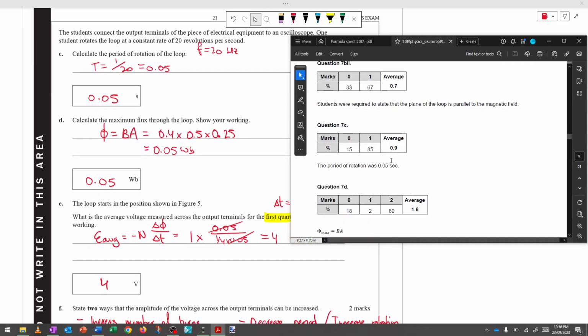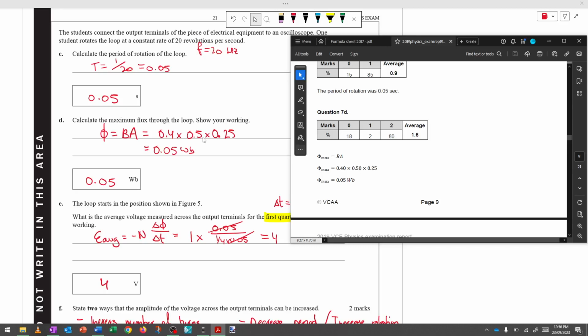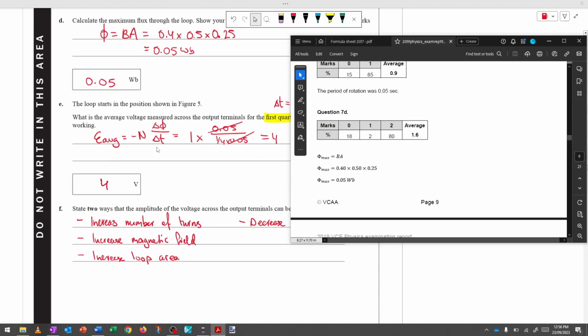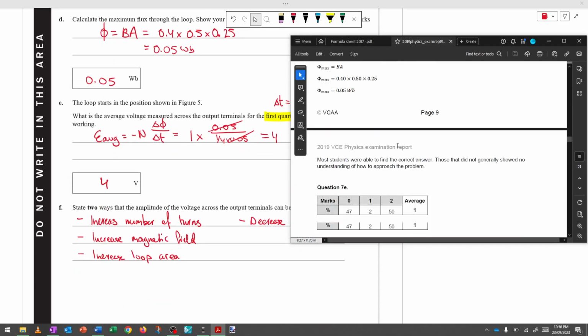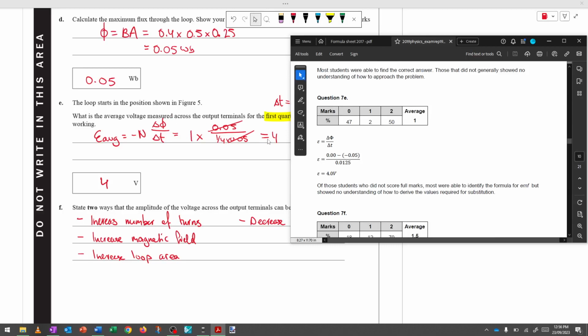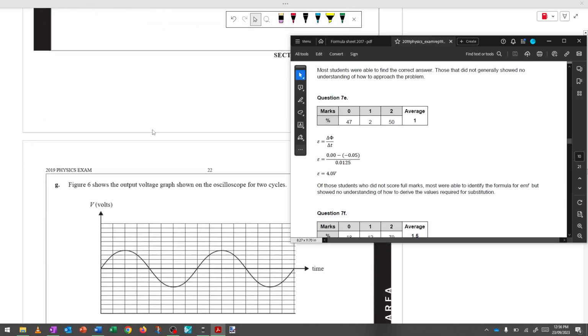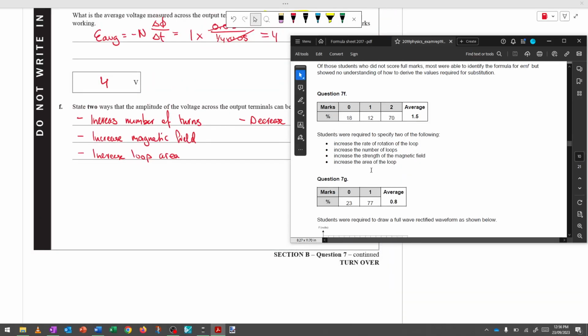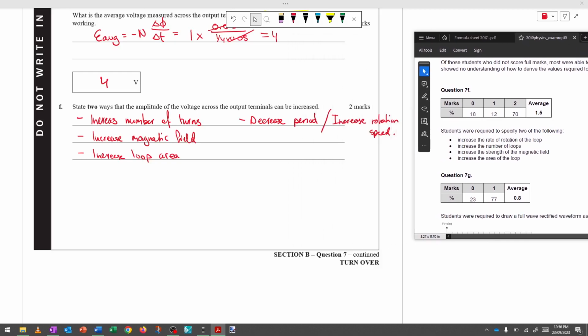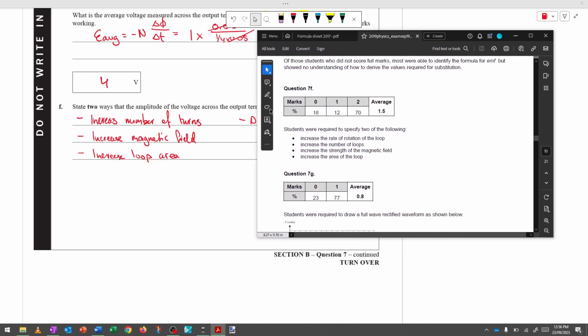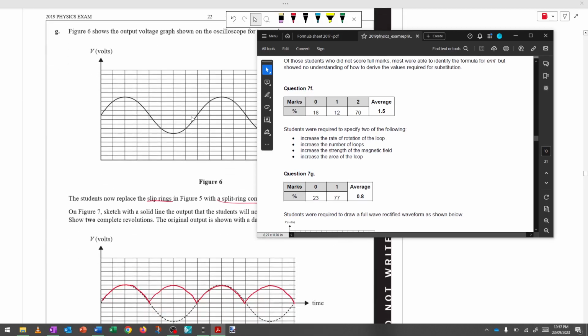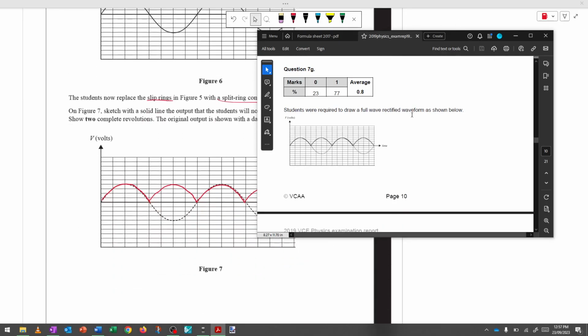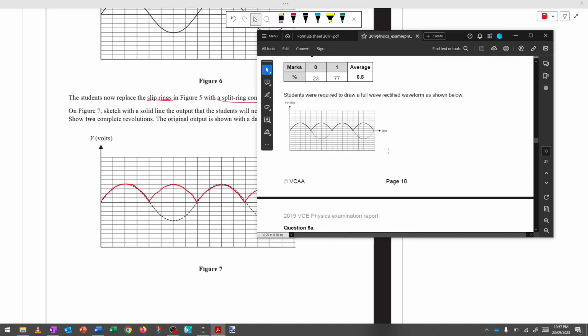Part D, maximum flux, same calculation as we have. Part E, again just using Faraday's law, 4 volts. And part F, 2 of the following options, which are pretty much what we've written down. And question G, yeah, it's that bumpy graph that they're looking for there. Cool.